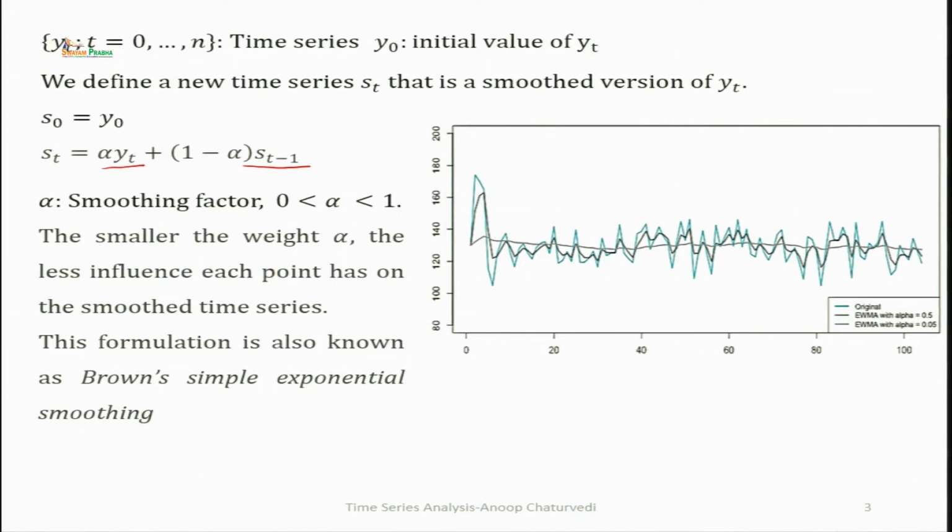Here I have plotted a time series. This one is the original time series, then first we have taken exponentially weighted moving average with alpha equal to 0.5.